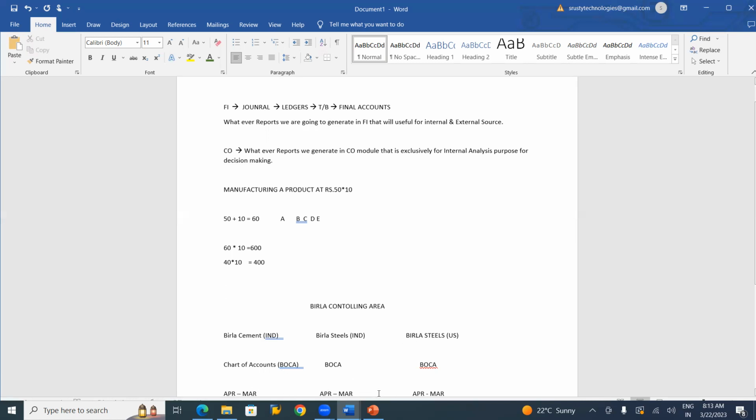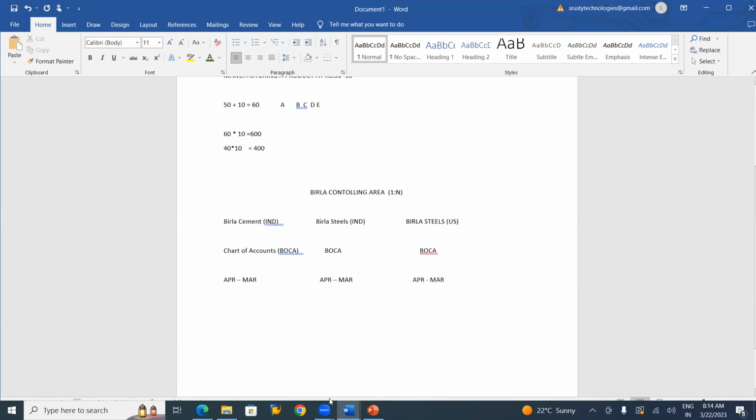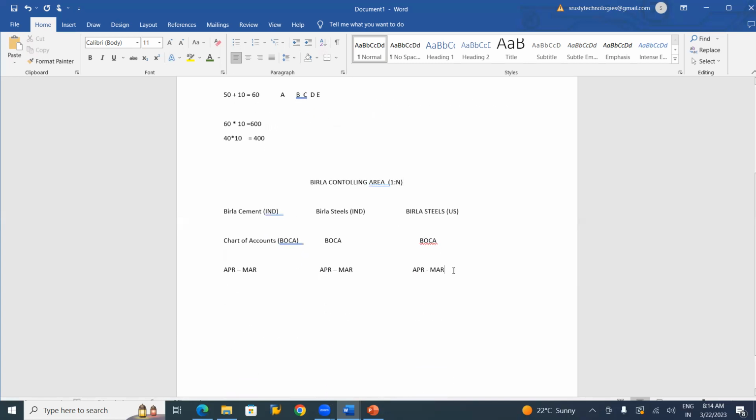Then only we can have one controlling area for n number of company codes. The currencies may differ: here we use INR, here INR, and here USD.